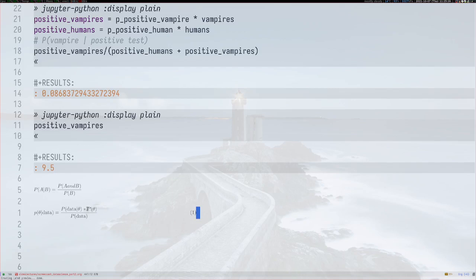This is going to be called the prior distribution, P of theta, divided by all the different parameter values that can generate the data. It's this equation that we're going to use in an example to see how we get from a prior distribution to a posterior distribution.